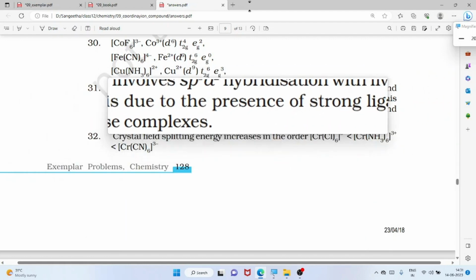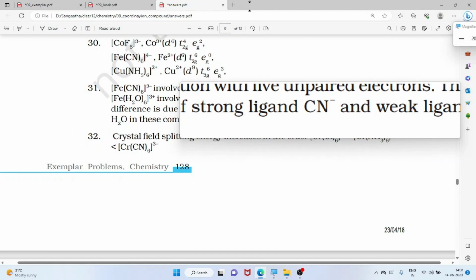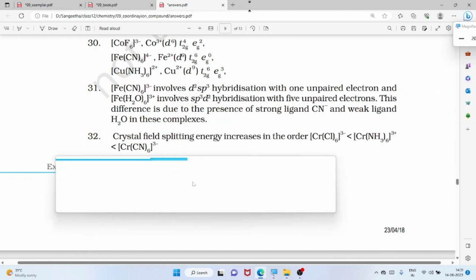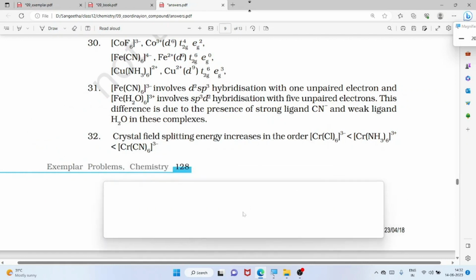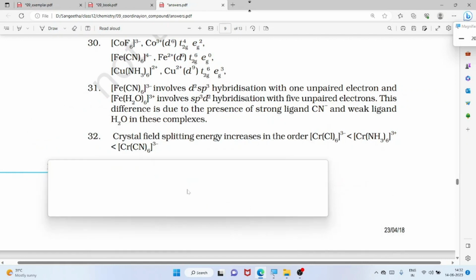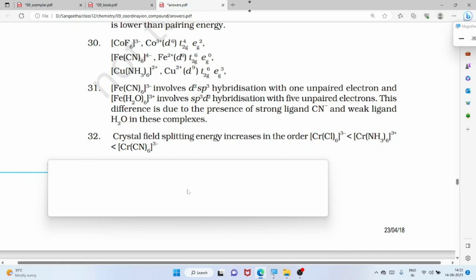This difference is due to the presence of the strong ligand. Cyanide is a strong ligand, and water is a weak ligand. Okay, a weak ligand doesn't allow pairing. A strong ligand allows pairing.